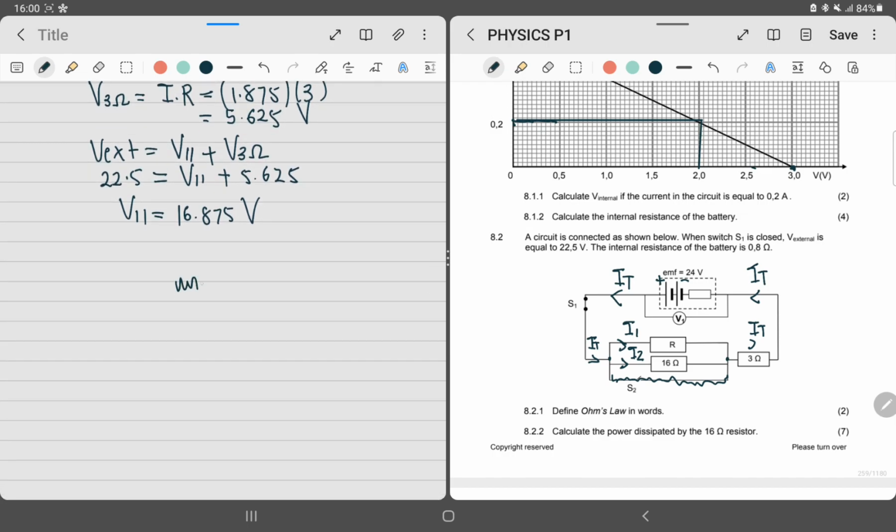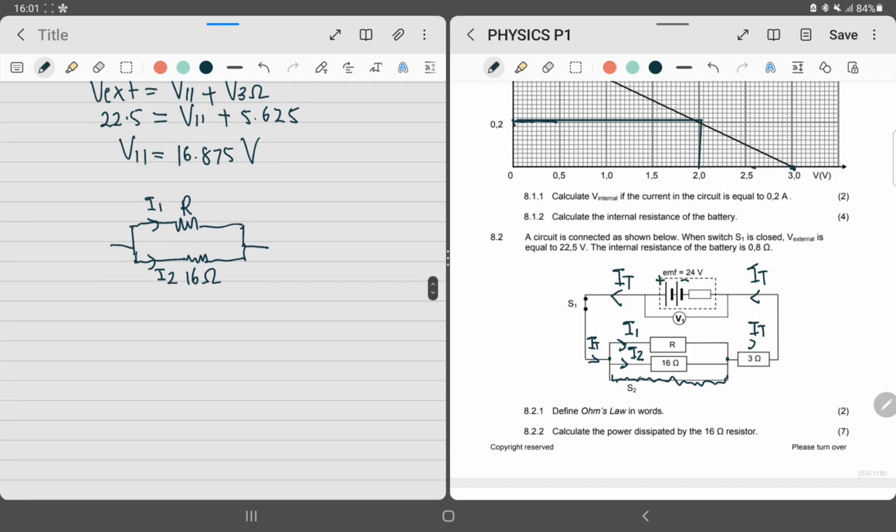Let's take the parallel combination now. We have R there, and here we have the 16 ohm. We have current I1 and current I2. For resistors that are connected in parallel, the current is divided, however the potential difference is the same.